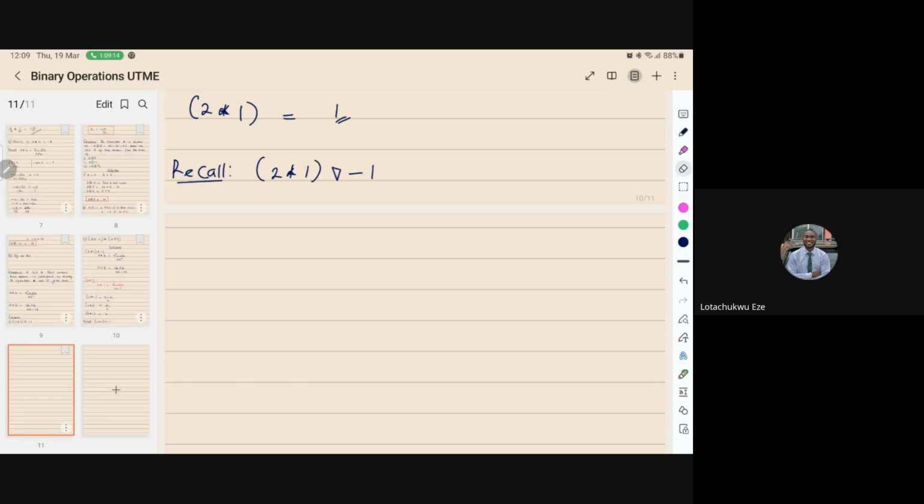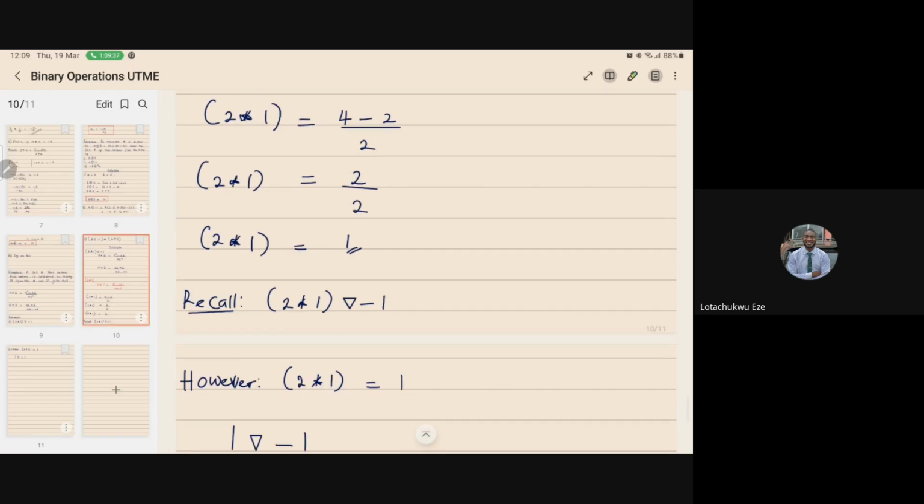Sorry, this is not properly drawn. However, we know that 2 asterisk 1 has given birth to 1. So we now have 1, and we'll have that symbol of what? -1.